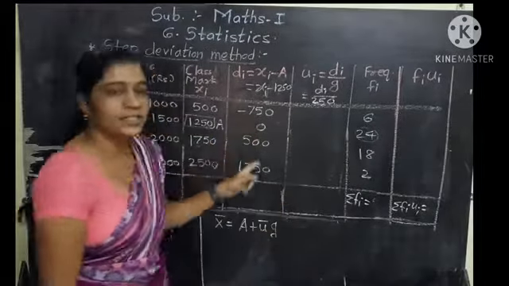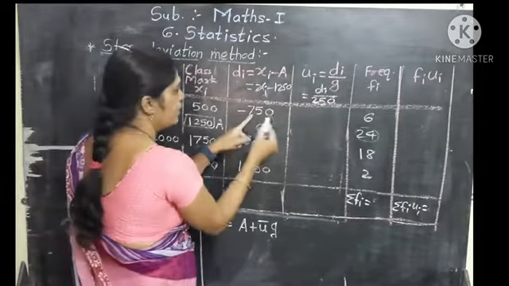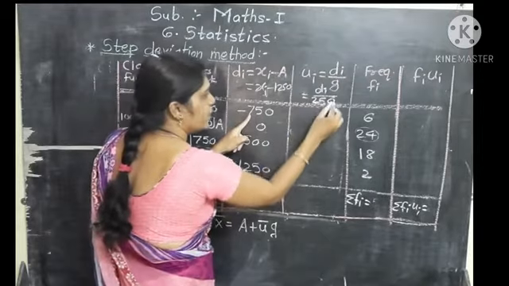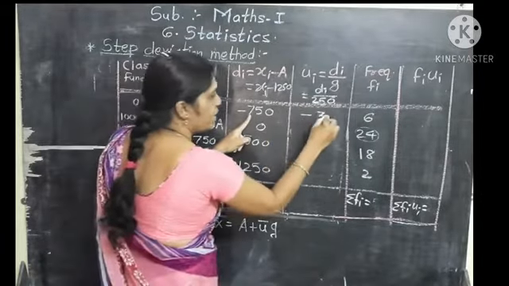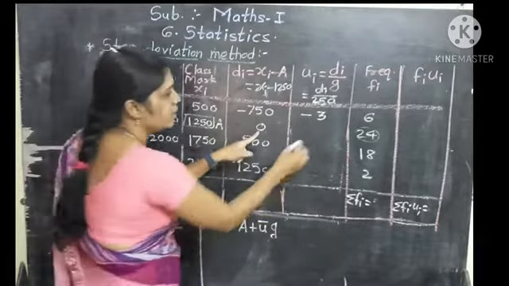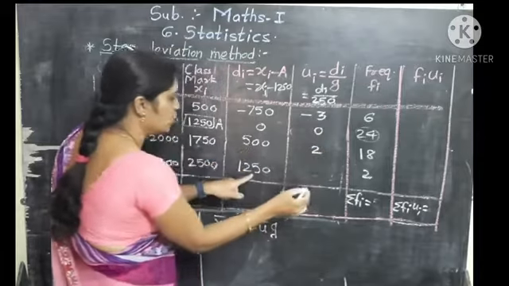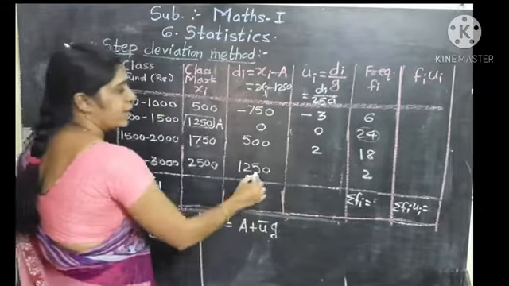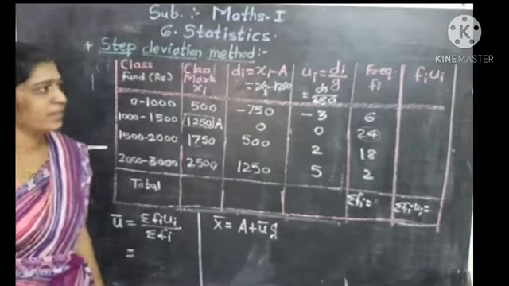We take the greatest common divisor. Now di upon 250: minus 750 divided by 250 is minus 3. Here 0. 500 divided by 250 is 2. 1250 divided by 250 is 5.